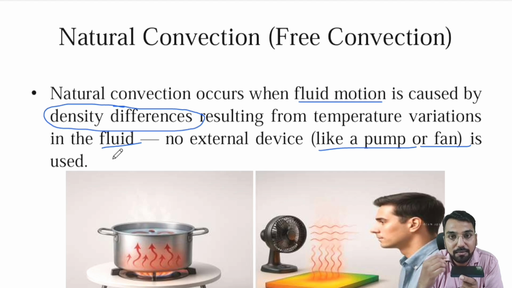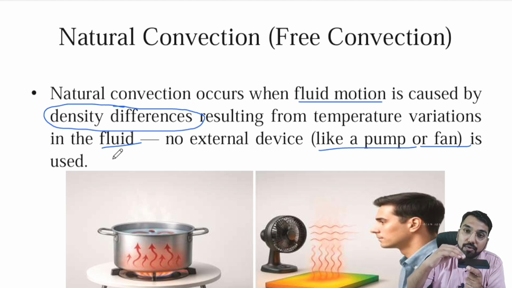So when the first layer of air gets in contact with this hot plate, then due to the heat transfer to that first layer of air, the density of that first layer will decrease and that first layer will rise up.